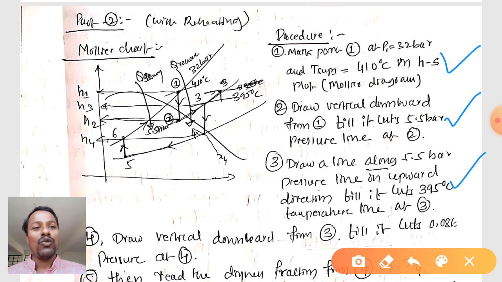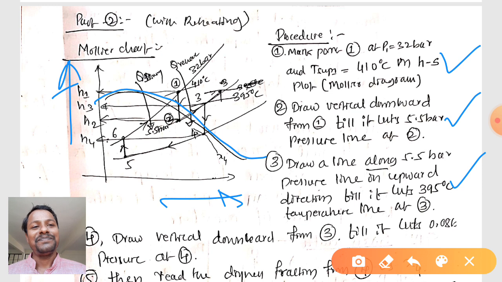On the Mollier chart we have enthalpy values on the y axis and entropy values on the x axis, as you already know. This is the saturated liquid line, and we have to mark the first point 1 on the chart so that I will be able to get the H1 value.